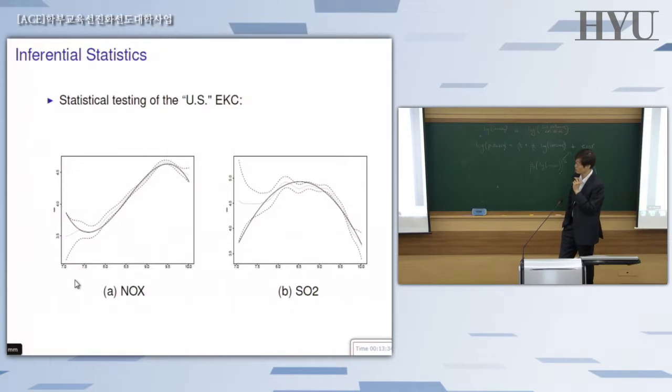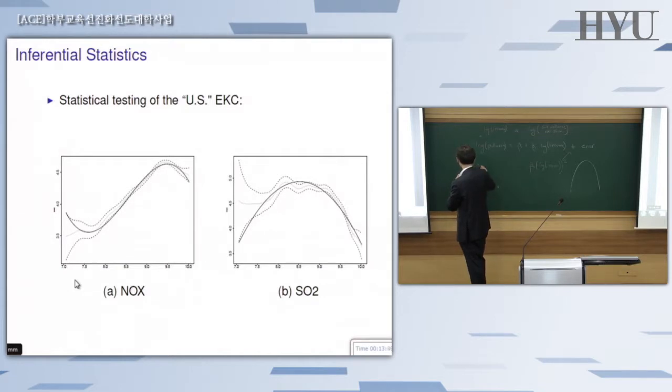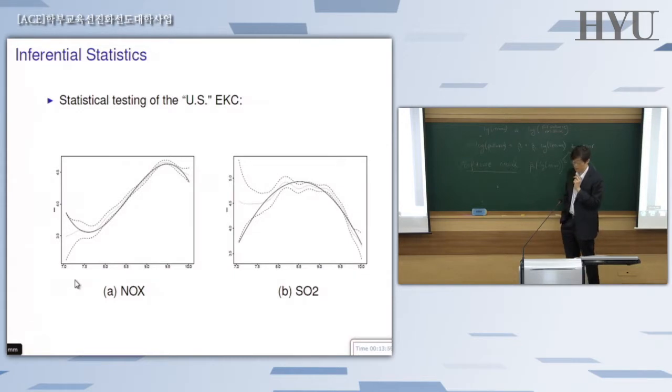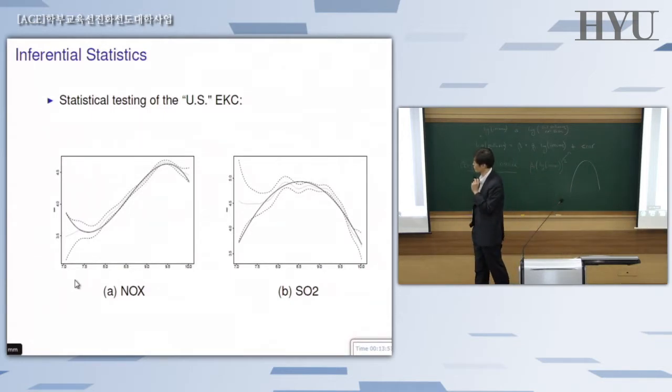In this case, the tool that people utilize is the so-called confidence band or confidence interval. They specify the level of confidence, usually 95% or 90%. And I think this is a case of a 95% band.